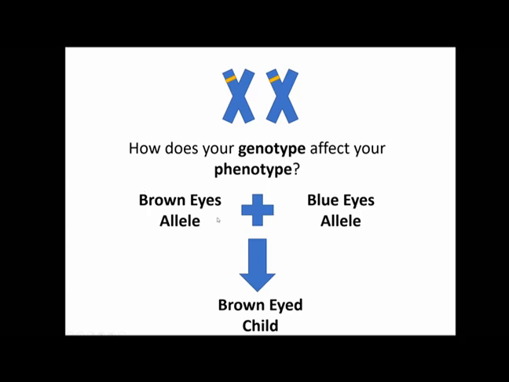And so we can have a little bit more terminology here. If we know what gene you have, so if we have a brown eye allele, the brown eyes wild type version of the gene from your father, and the blue eyes allele, the mutant version of the gene from your mother, we know what genes you have.